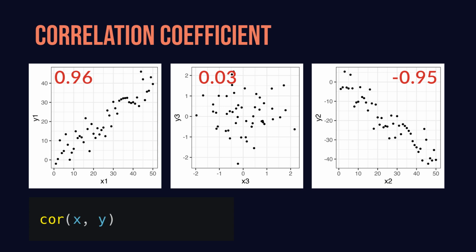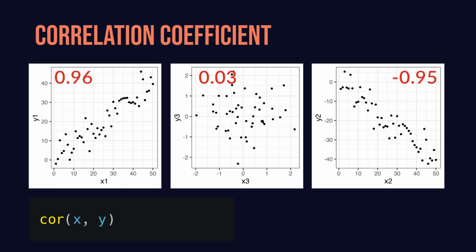A correlation coefficient is a numerical measure to determine a statistical relationship between two variables. The value of the correlation coefficient is always between -1 and +1. When the correlation coefficient is close to 1, it means that the variables are positively correlated, where an increase in x leads to an increase in y.